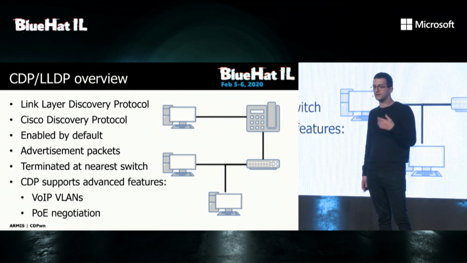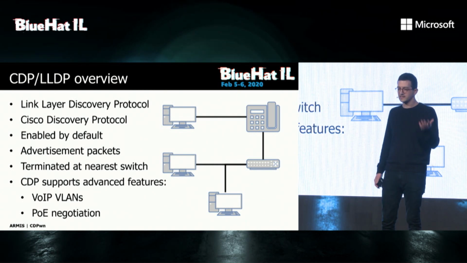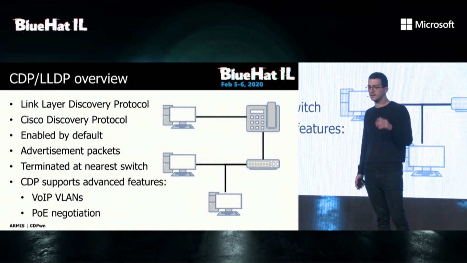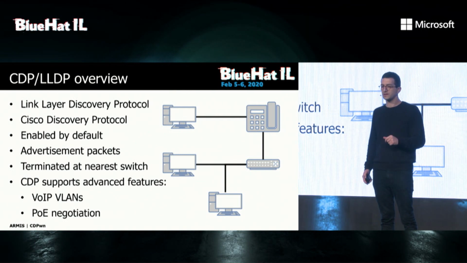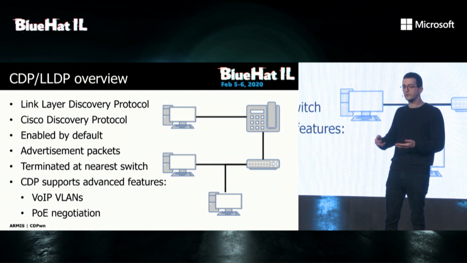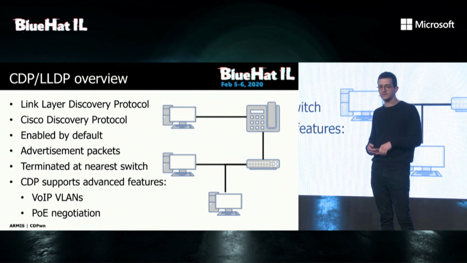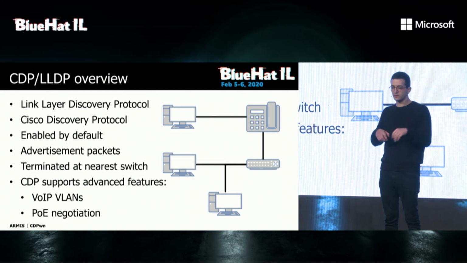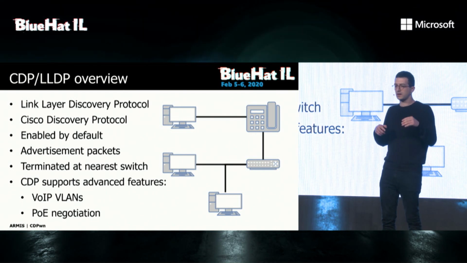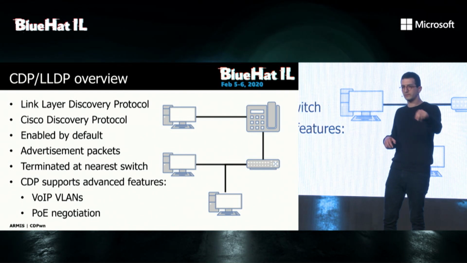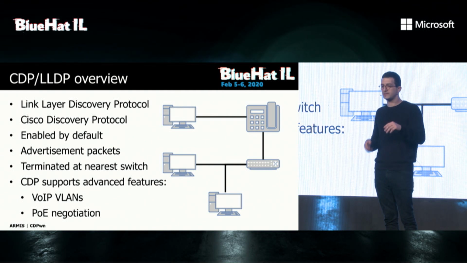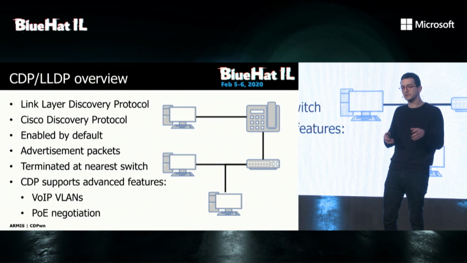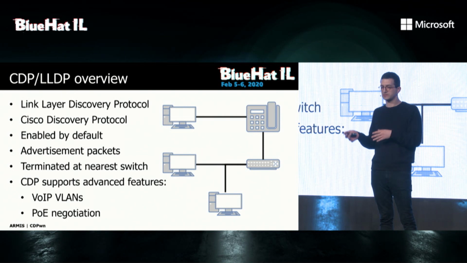They work by devices simply sending advertising packets over a designated multicast MAC address, and then the devices that are connected directly to them will listen in on these packets and register in the local database what are the devices that are connected directly to me.